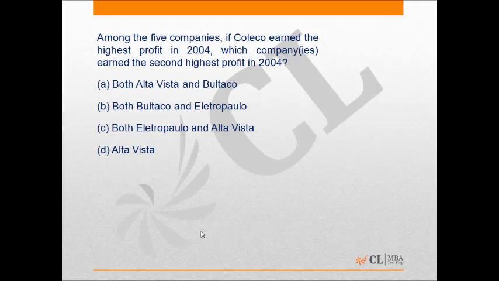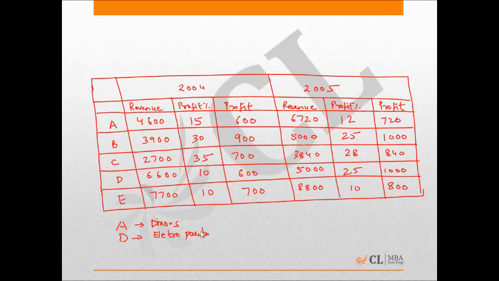So if I come to the table, the company which earned the highest profit would be represented by B. So your B in this problem becomes Coleco. Now the second highest profit is 700, so definitely both Alta Vista and Bultaco have to be the answer, which is your option A.